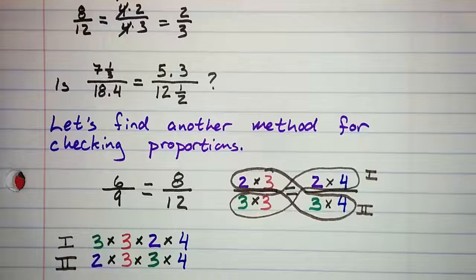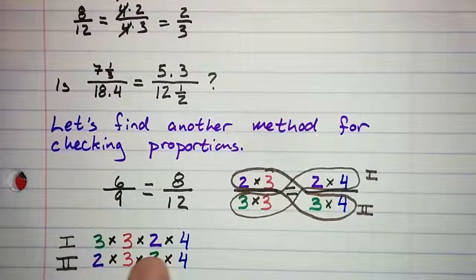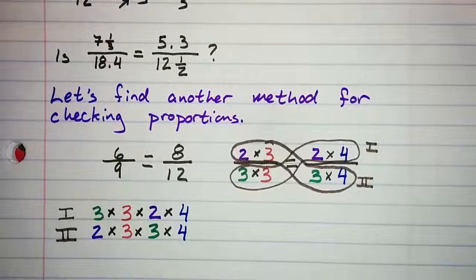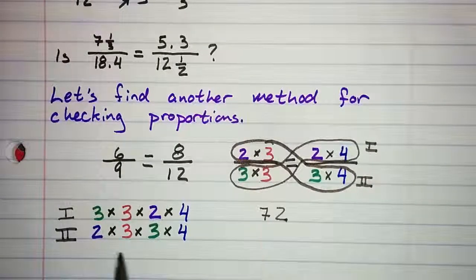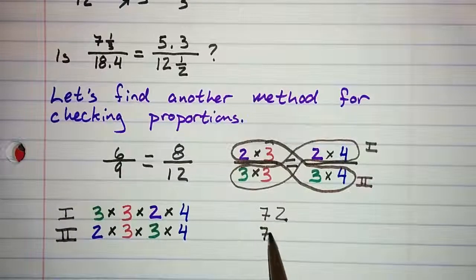Since order doesn't matter in multiplication, it's going to have to be that these are equal, right? And in fact, when I do this multiplication, I'll get 9 times 8 is 72. And when I do this multiplication, I'll get 6 times 12 is also 72.